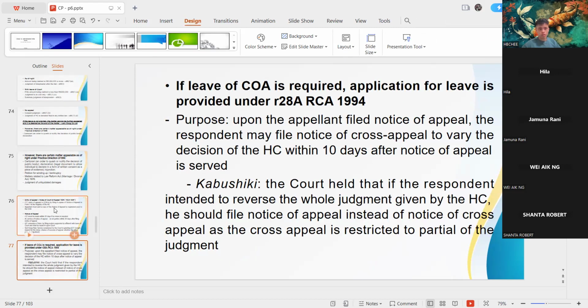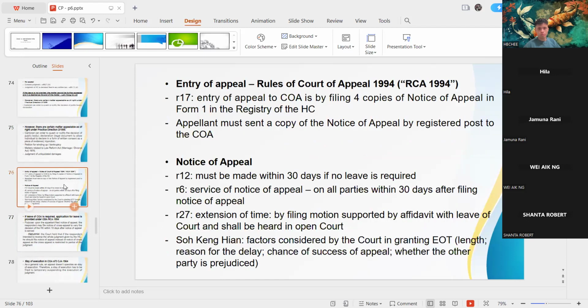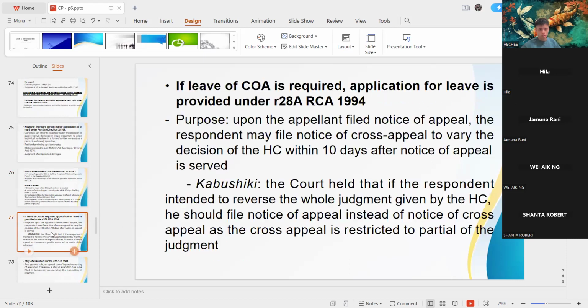So just now we already discussed this is the timeline for notice of appeal if leave of court is not required. Then if the leave of court is required, the application for leave is under Rule 28A of the Rules of Court of Appeal.